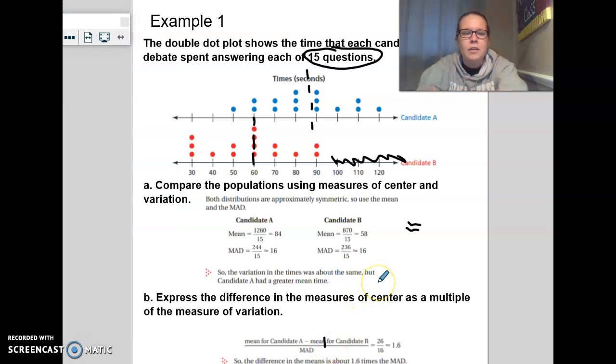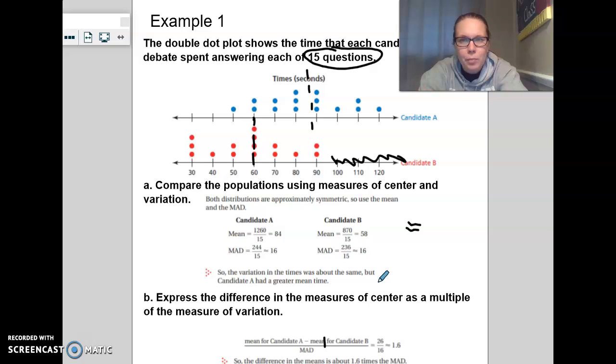All right. So what it means is that I'm going to take the mean minus the mean, because the MAD is the same for each one. I want to find the difference between the two. So I take the mean of candidate A and subtract the mean of candidate B, which is 26, because I'm taking 84 minus 58. Then I divide by the actual MAD, 16.